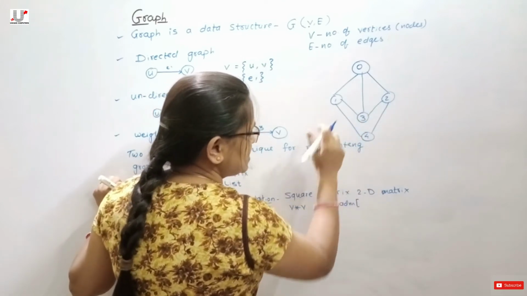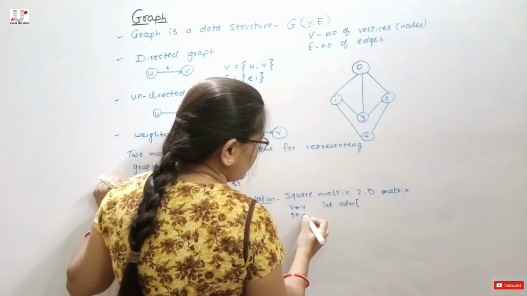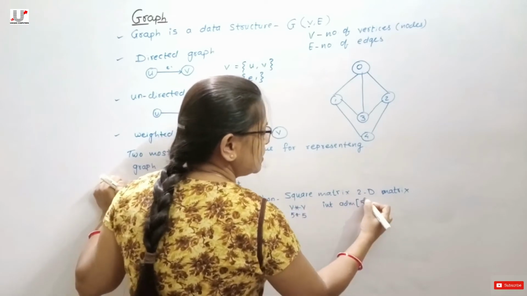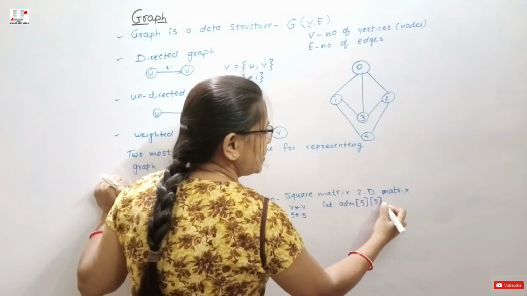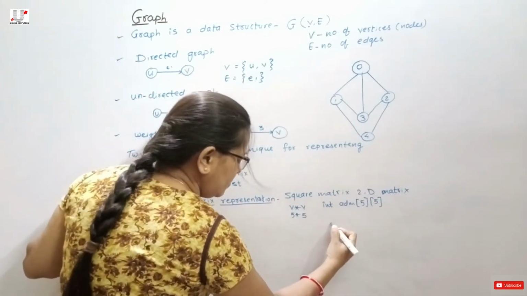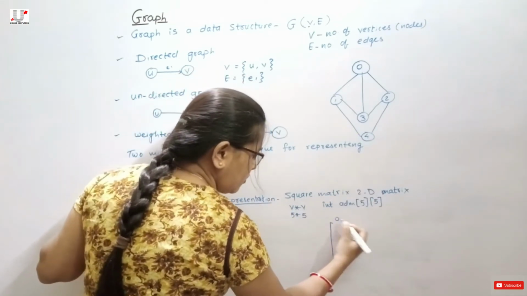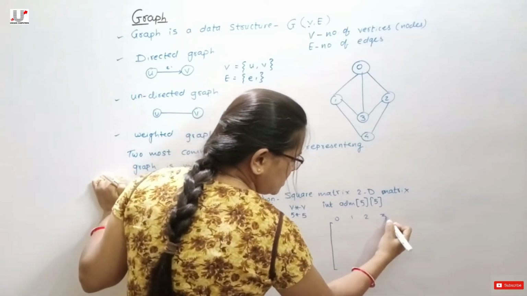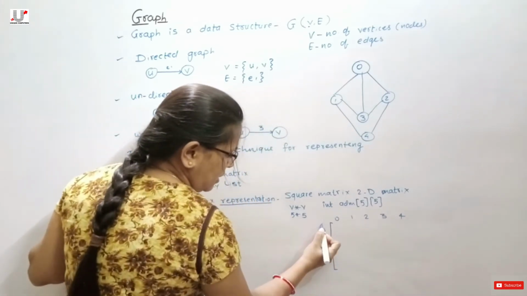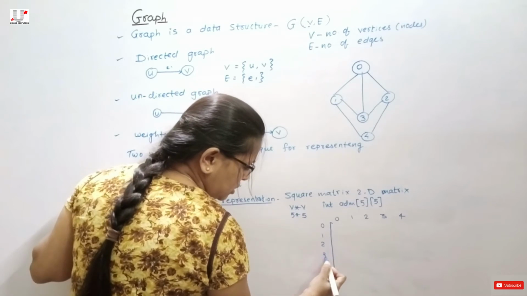Total number of vertices is 5, so a 5 by 5 integer matrix is there to represent this graph, having 5 columns and 5 rows.